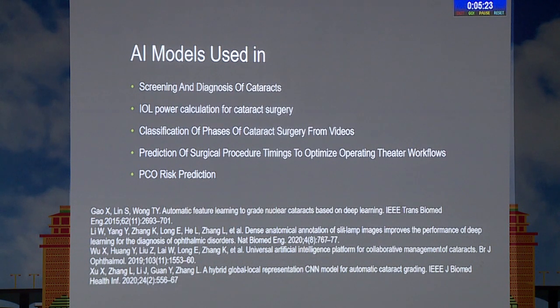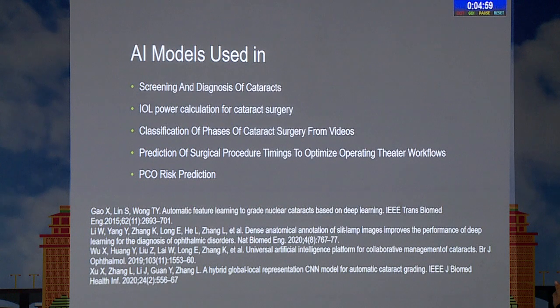And timing each phase of the cataract surgery, it is able to calculate the average duration of a particular type of procedure for a surgeon, for an institution, and for a set of institutions. So going forwards, it is good for optimizing your operation theater workflows and predicting your surgical timings.